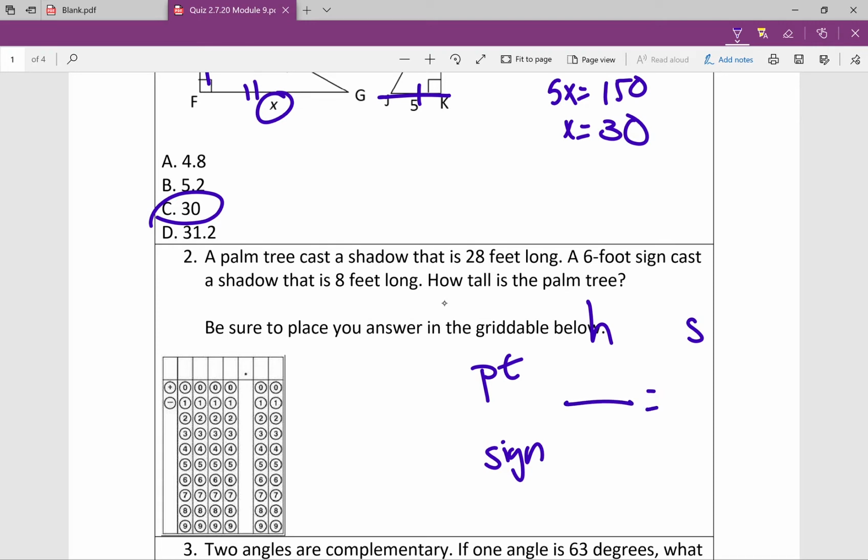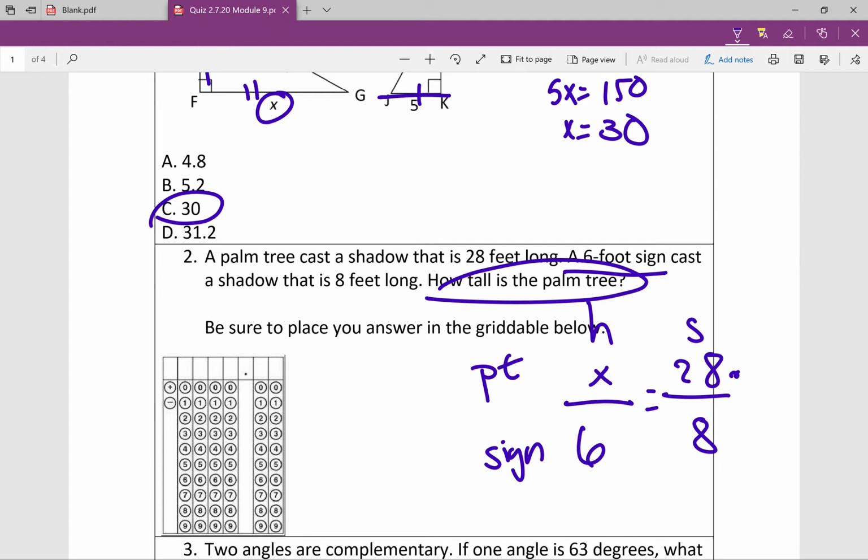So I'm going to set up my proportions. A palm tree casting a shadow of 28 feet long. So palm tree, shadow, 28, right here. And then a 6-foot sign. The sign is 6 foot and it casts a shadow of 8. And I'm looking for how tall the palm tree is.